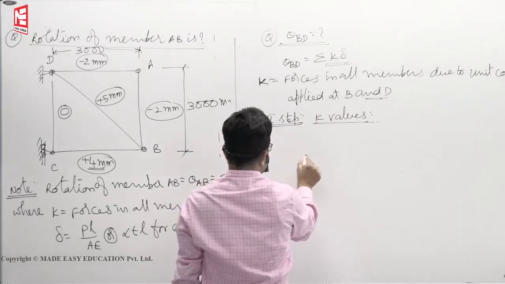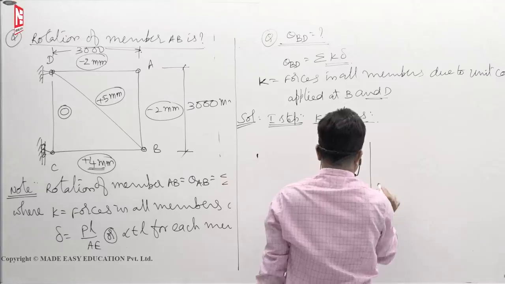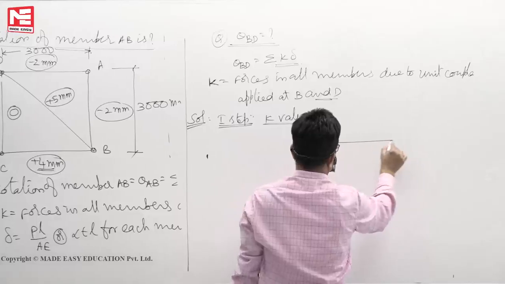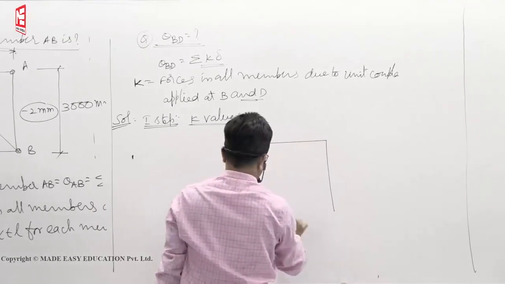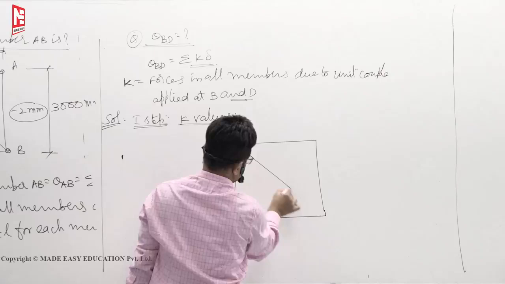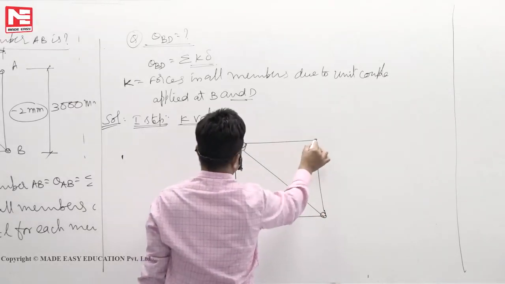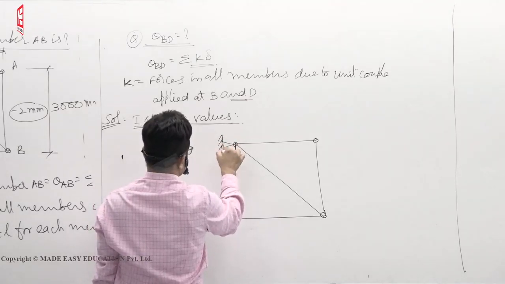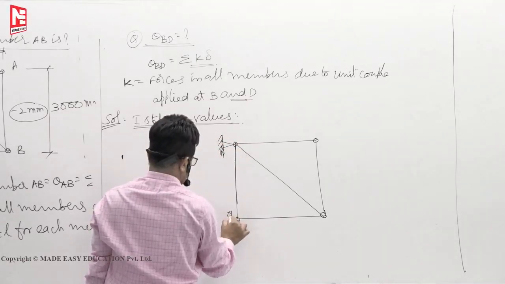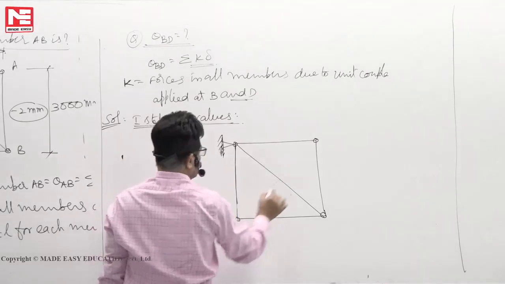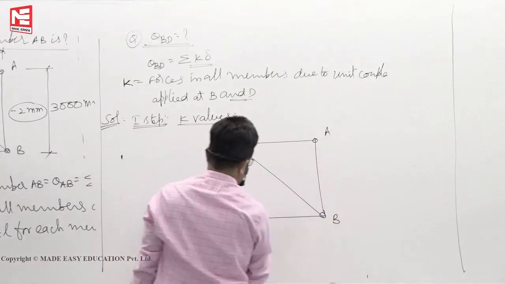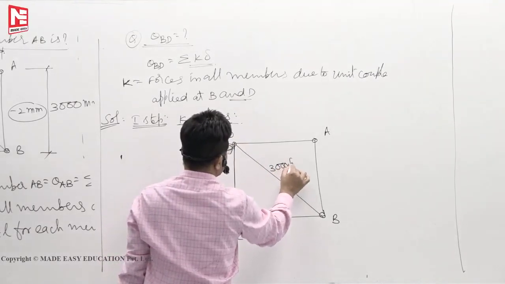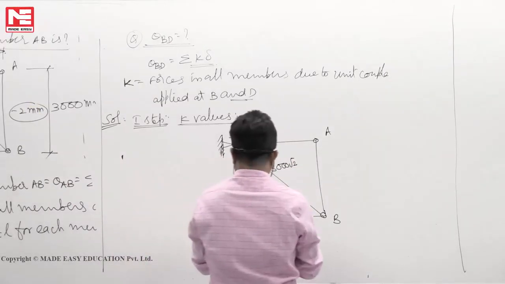So this is our truss. This point, let us say A, B, C, D. This length is now 3000 root 2 because the diagonal length is so much.